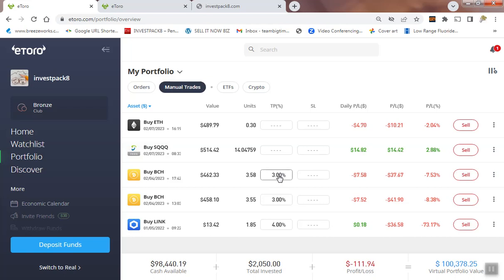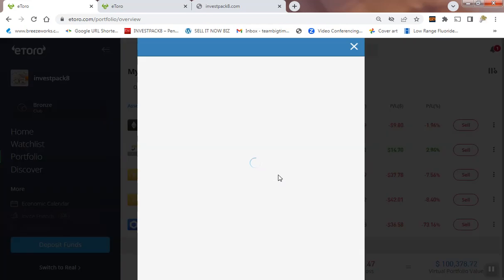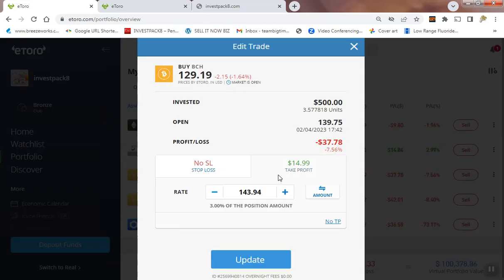Okay, let's go here to Bitcoin. Okay, this is Bitcoin Cash, and it was set at a rate. The rate was supposed to mirror this.